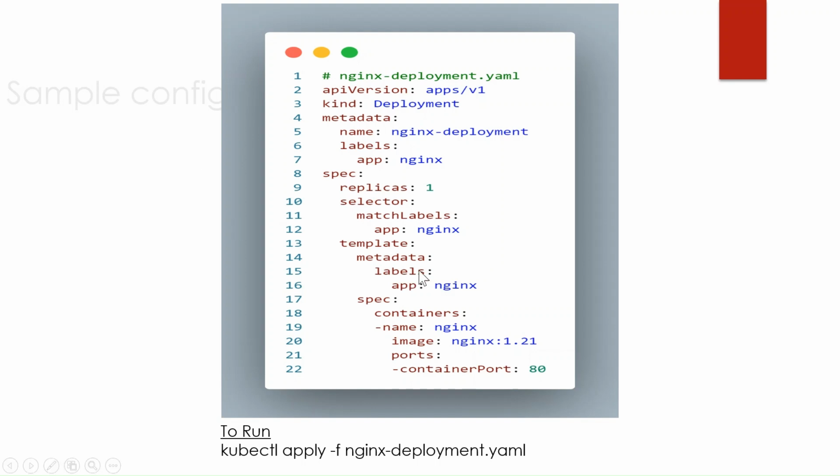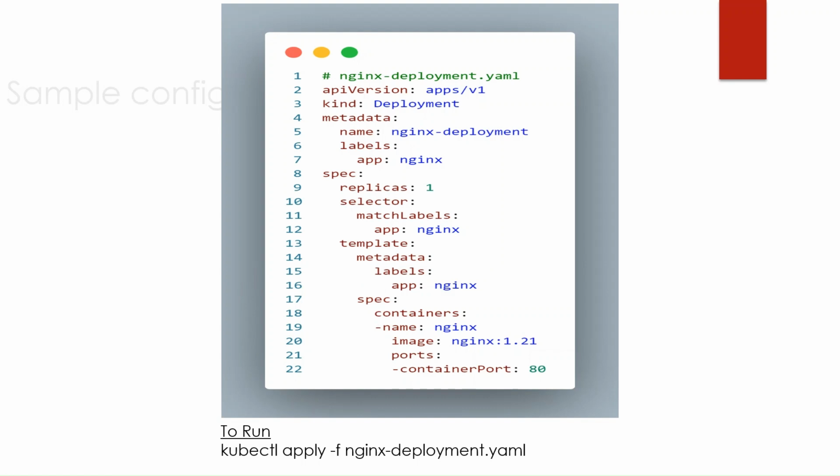Next one is template. In the template, metadata adds labels for each pod, so Kubernetes knows they belong to this deployment. Here we need to specify the spec, which describes what each pod should run.